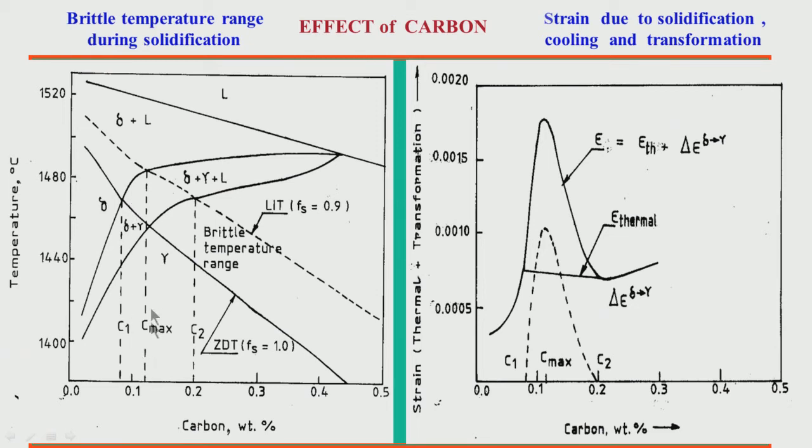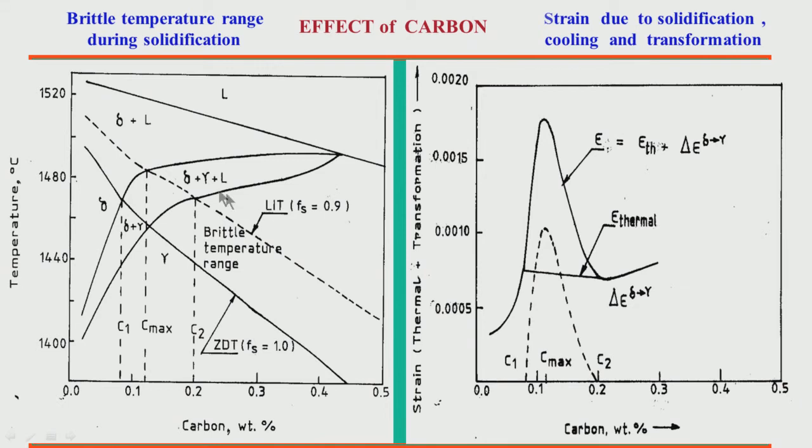So, what is this chemistry? C max. Here the delta to gamma transformation which is taking place is taking place entirely in the brittle temperature region, you see. And what is this C2, say around 0.2?